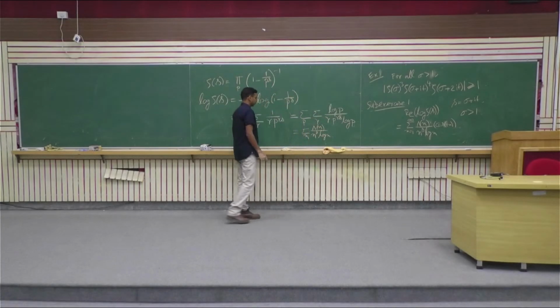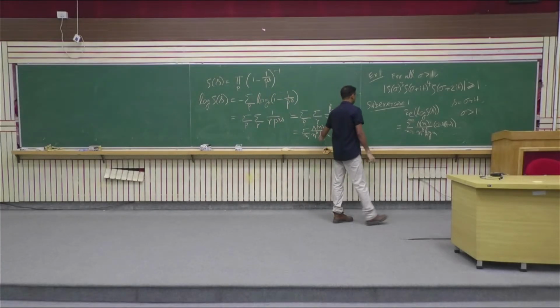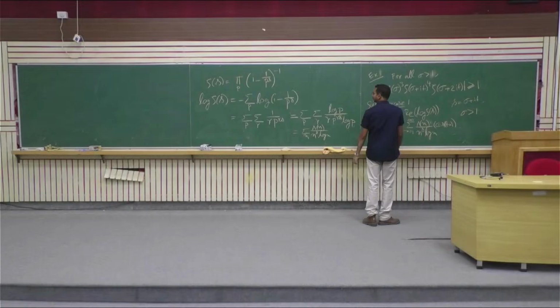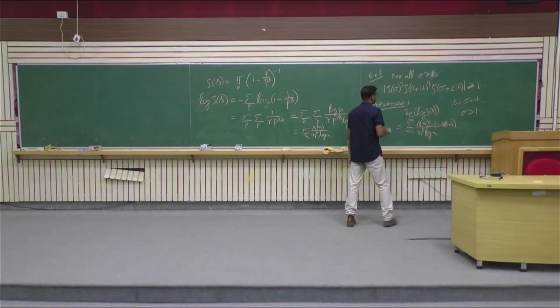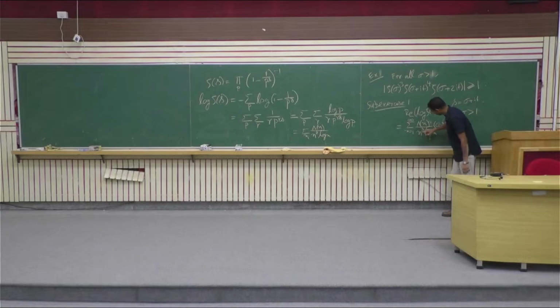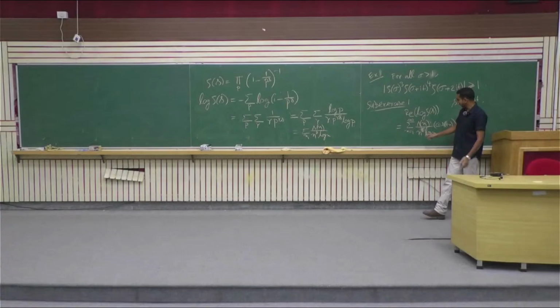So this log zeta s, till now we have got this. There is a mistake in this one here. It should be n power sigma, because now we will take s equal to sigma plus it.